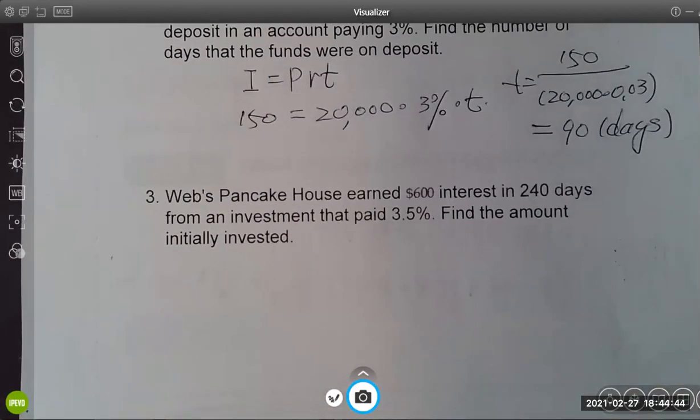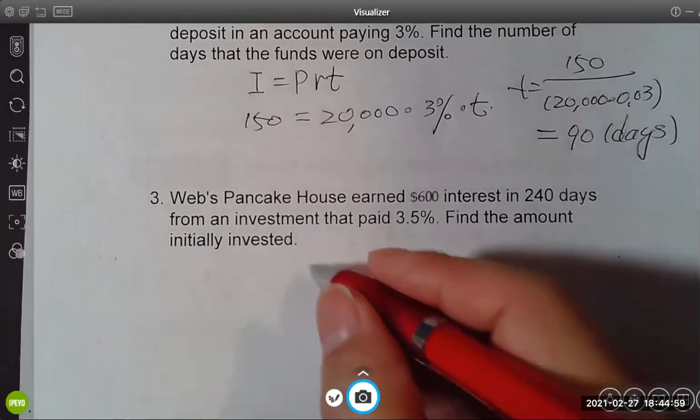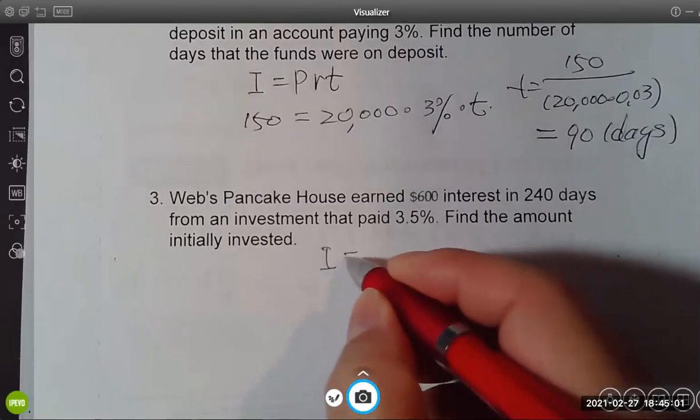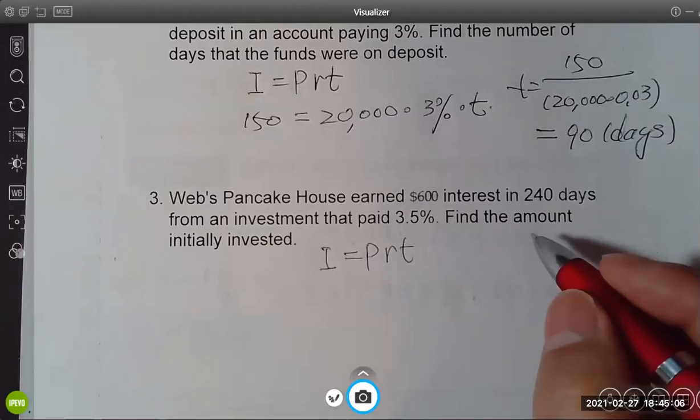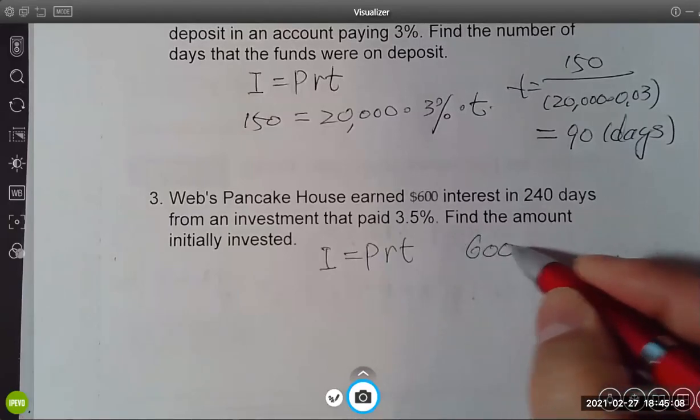Webb's Pancake House earned 600 interest in 240 days from an investment that paid 3.5%. Find the amount initially invested. So we are looking for principal in this case. Everything is similar, just application problem. I equals PRT. Interest amount is 600.